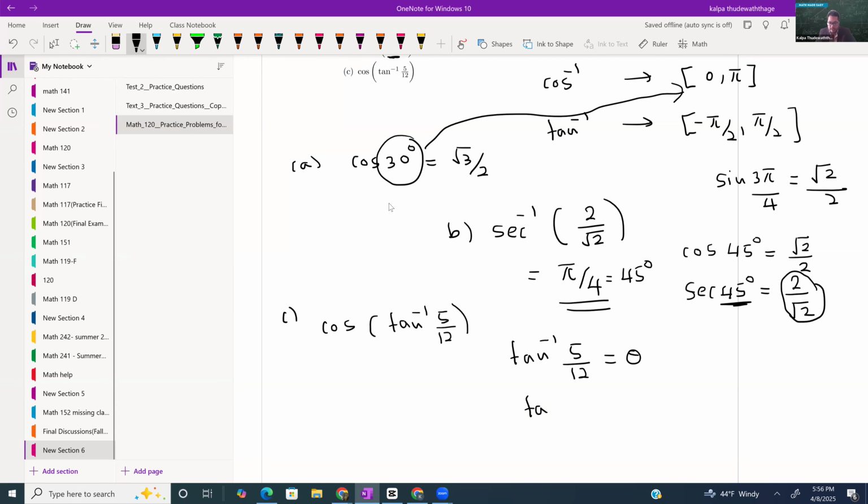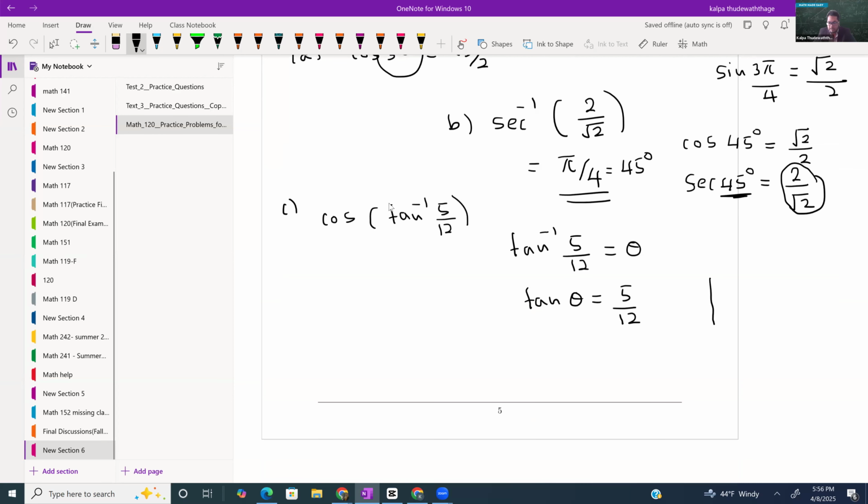So tan theta then becomes 5 over 12. It's an inverse function. So if I know tan theta, which means I know my opposite and my adjacent, because tan is opposite over adjacent. So I can find the hypotenuse by the Pythagoras formula. It gives me 13.